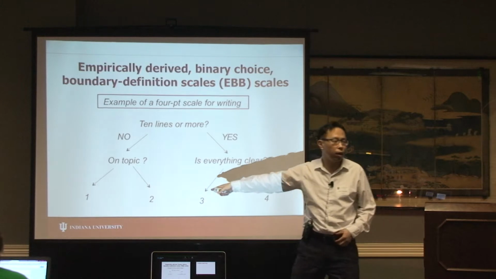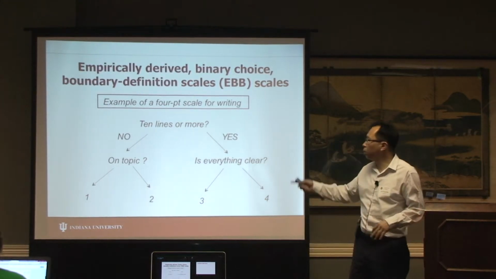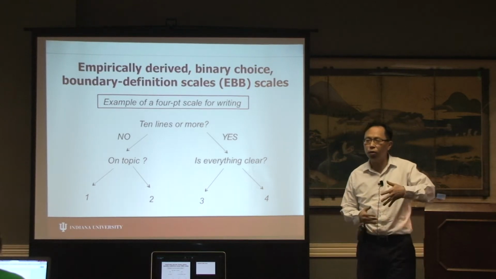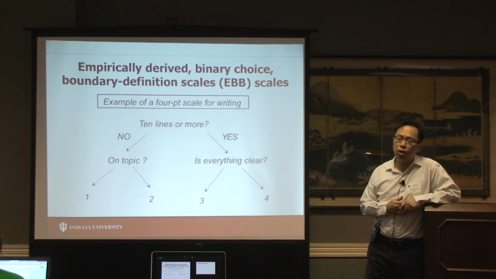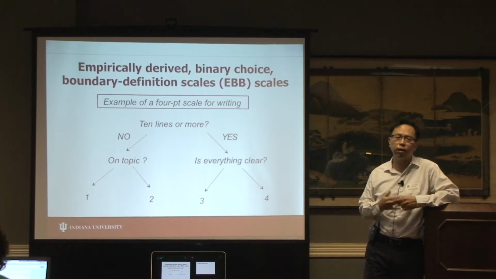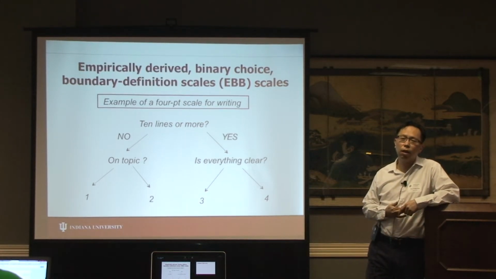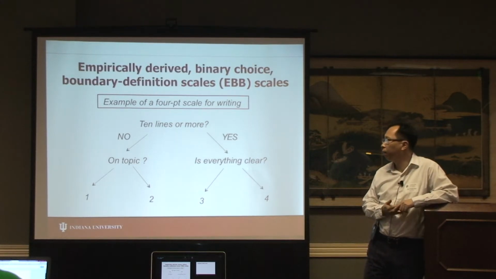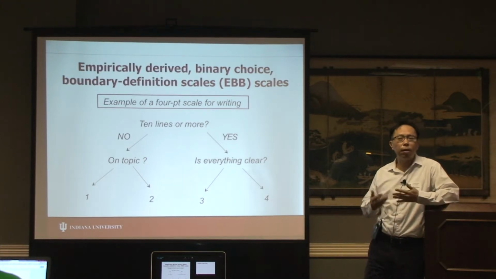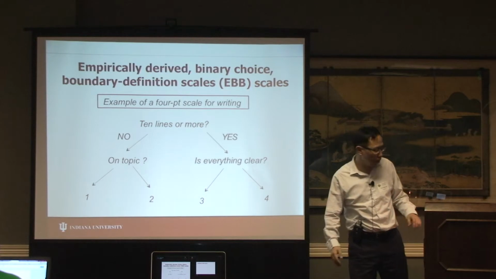If it's off-topic writing, you get 1. So this is an easy way for the raters to judge students' performance on certain tasks. But the limitation is that scale development is very time-consuming at the beginning. But I found that teachers gain a better understanding of the rubrics, and once they're calibrated and trained, I think they have higher interrater reliability.